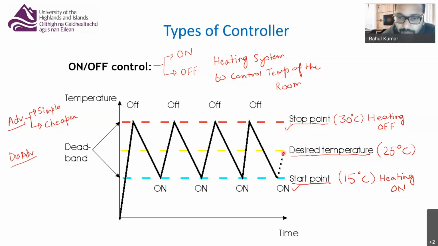Rather, it is maintaining the temperature between 2 points, start point and stop point. We call this range or band of temperature the dead band. Okay. So what I could say is the disadvantage of this on-off controller is that it is inaccurate.